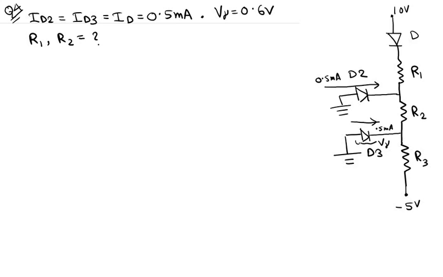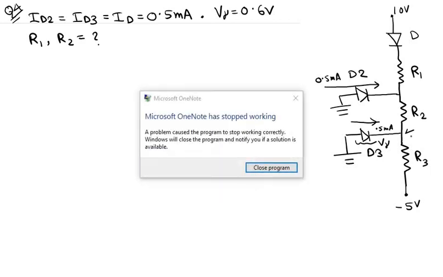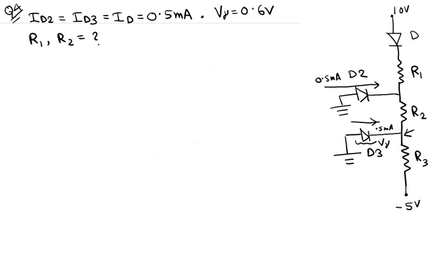This point is grounded, so the voltage at this point must be 0 minus V gamma, which is minus 0.6 volts.